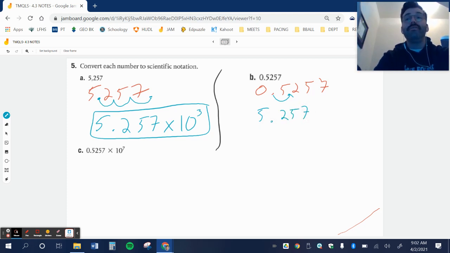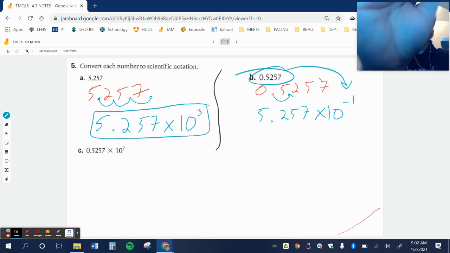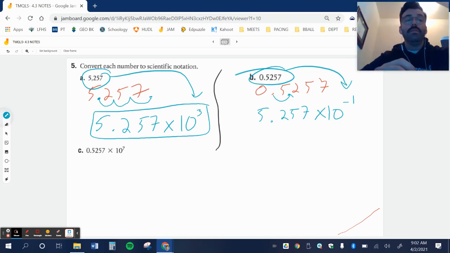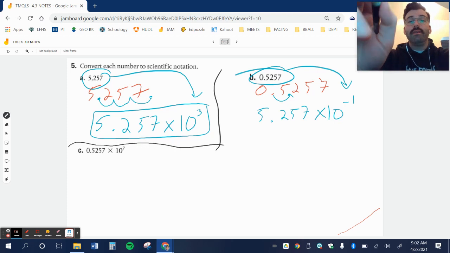And since I started off with a decimal, that means my exponent is going to be negative. If I began with a number less than 1, my exponent must become negative. If I started with a big number, my exponent will be positive. That's what that box at the top of the page is driving home there.